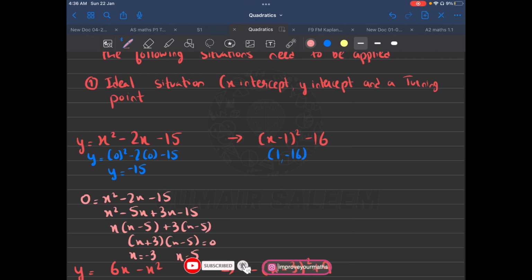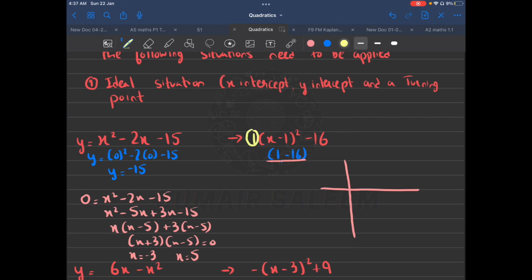Now see, first of all, you need to sketch, not draw. So what's my turning point? 1 and minus 16. There is nothing written here, that means 1. 1 is positive, which means it's a minimum curve. So 1 comma minus 16 will lie somewhat here.